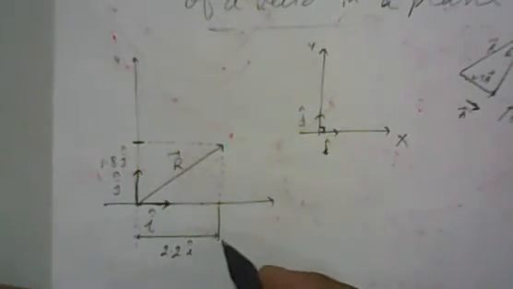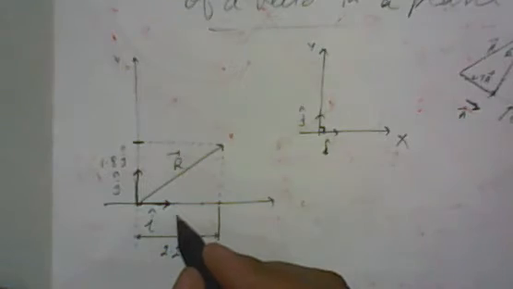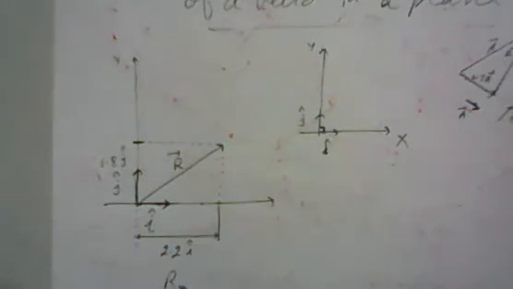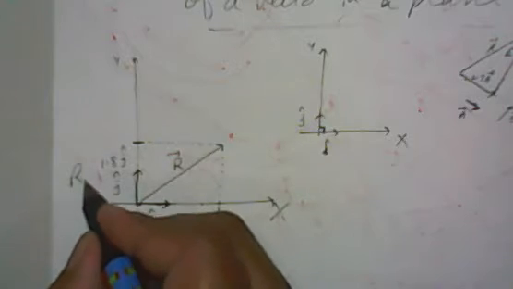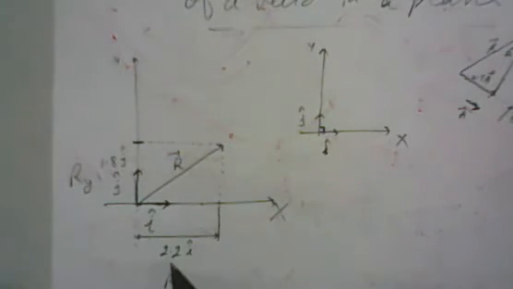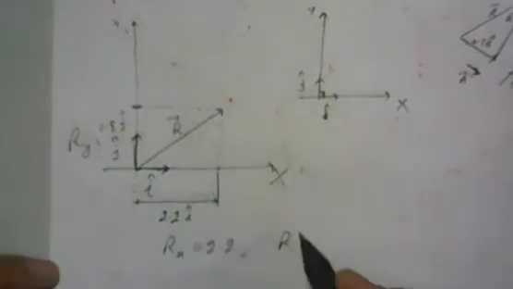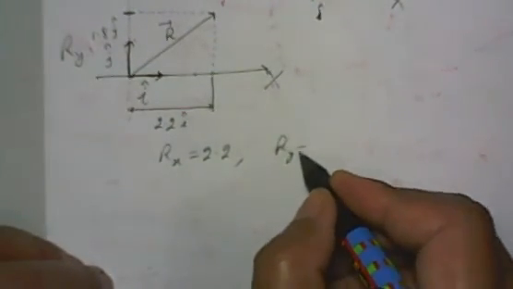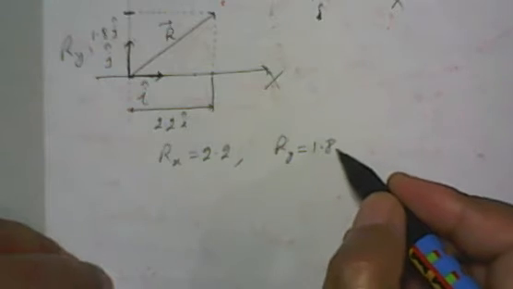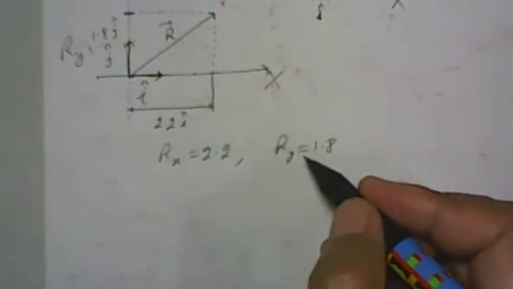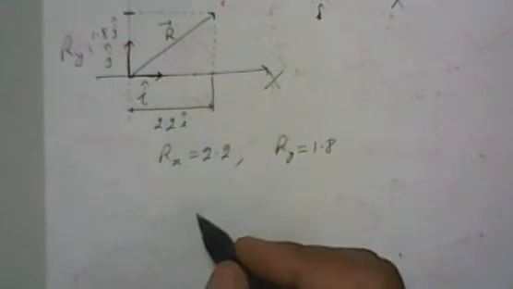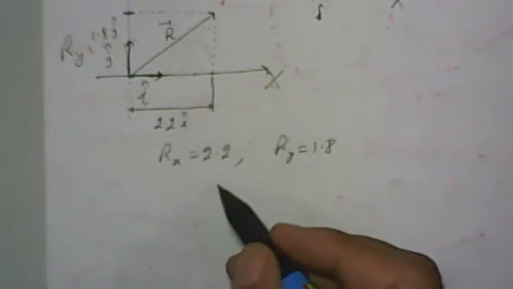So we can say this is rx, the number we take in the direction of x, and the number in the direction of y is ry. Here rx is 2.2 and ry is 1.8, which I have taken roughly, so it may be something else. I thought this would do.